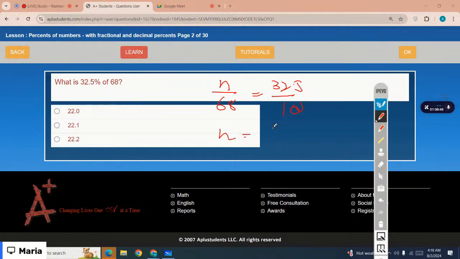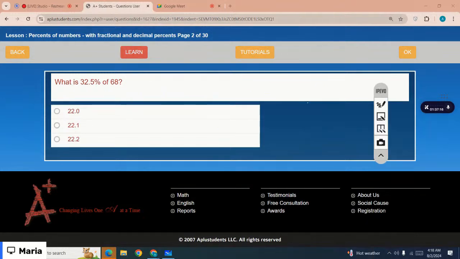Simply solve for n. 32.5 times 68 over 100. Got it? That is 22.1. Option number 2 is the correct option. Option number 2 is the correct option. Got it?